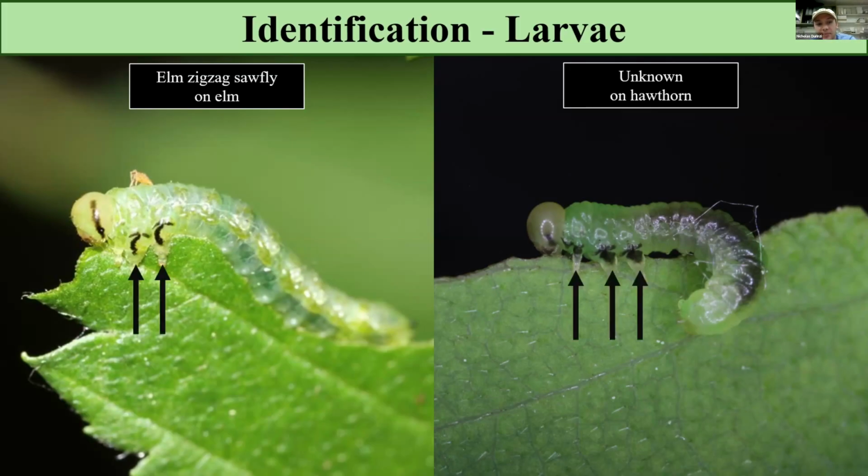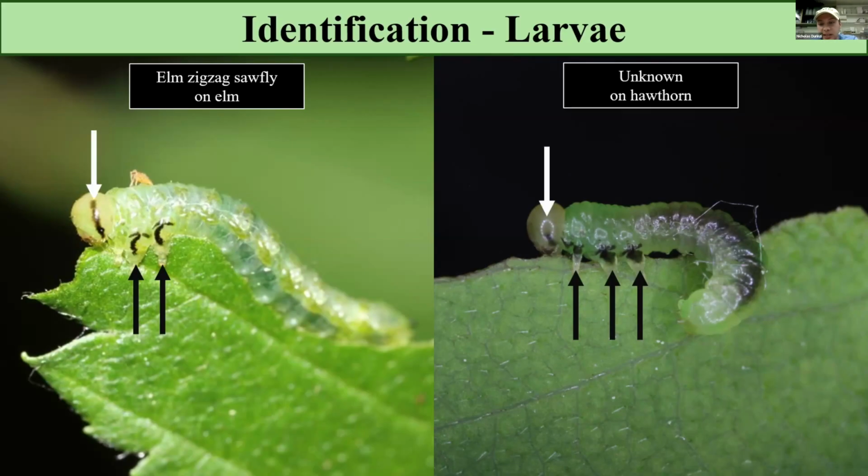EZS has two T-shaped markings on the second and third pair of legs. I've seen sawflies that have no markings. I've seen some that have it on all three, like this one. I've seen some that have it on the first two. All of that can vary, but I haven't seen any native larvae that only have it on the second and third pair of legs.